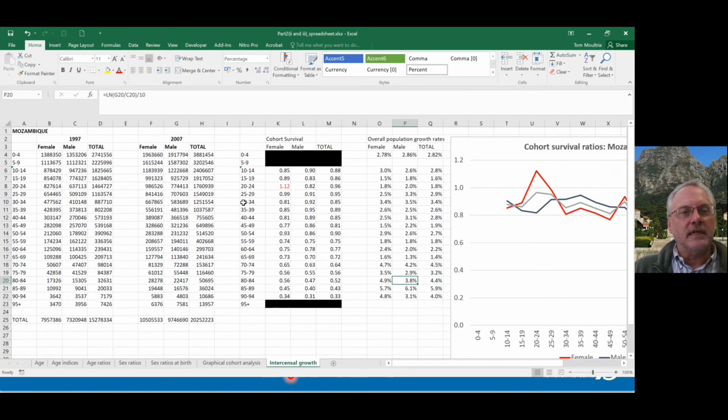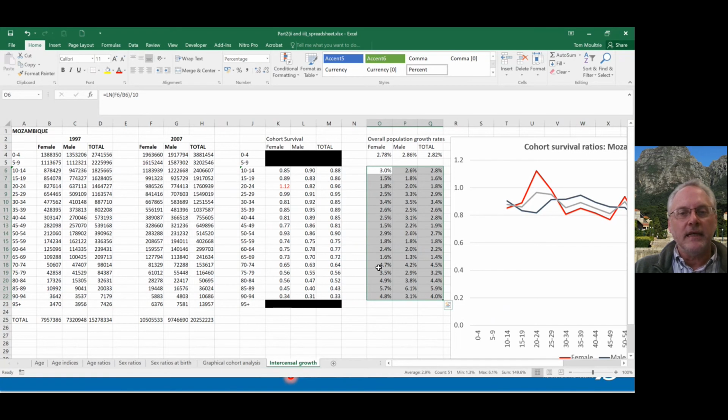We can calculate the overall population growth rates over the entire period, the total population at any point, using that logarithmic formula explained. And what I want to really draw your attention to here, because we'll be looking at cohort survival in the next part of the training workshop, are the somewhat varying rates of population growth by age in these populations.